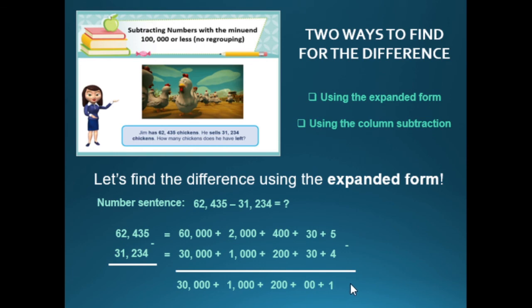Now, put them together. The answer is 31,201. That is using again expanded form.